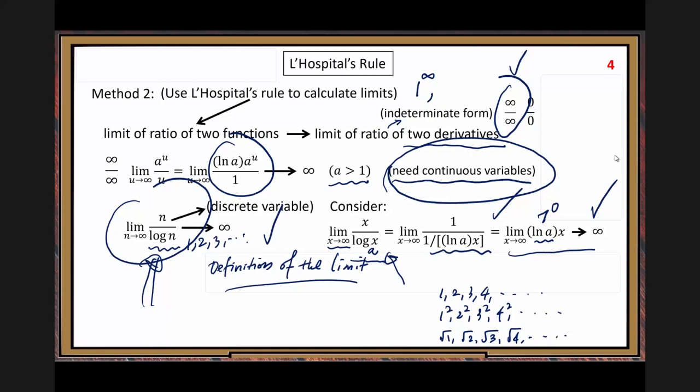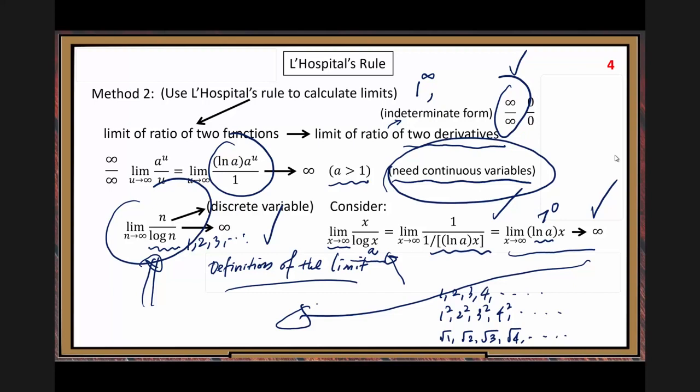After we get a continuous result, then we come back by the definition of limit to fix that hole. Just to let you know when you read the textbook.